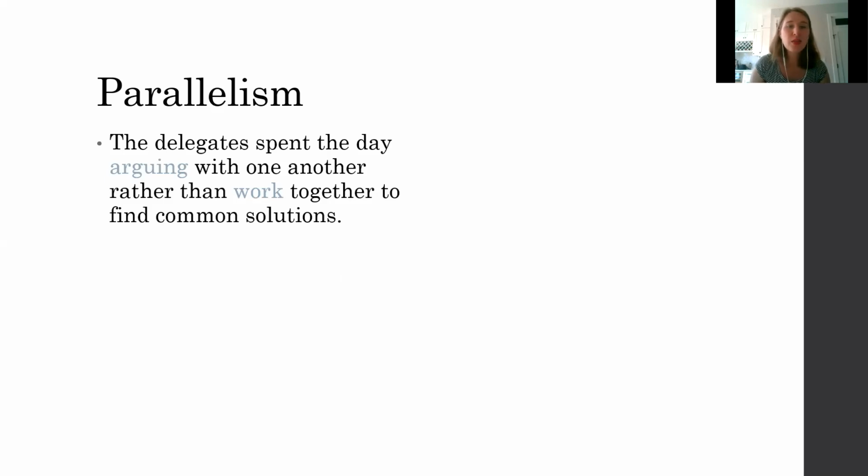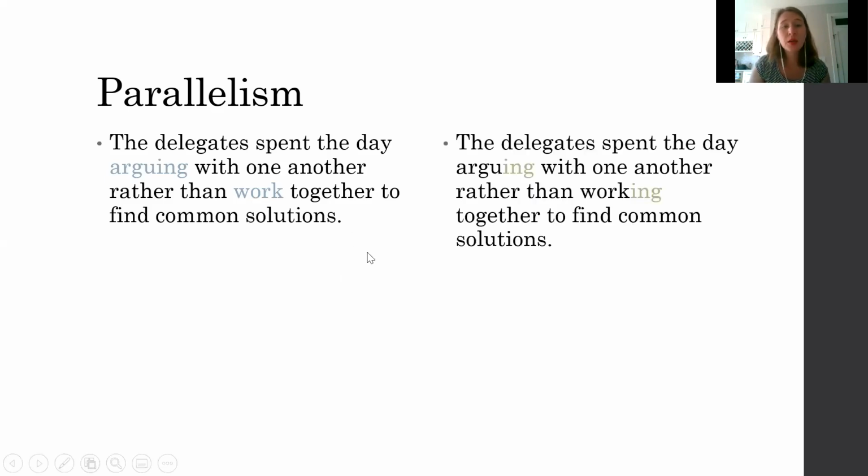The delegates spent the day work. So if you can't match it with the previous part of the sentence, then it's not parallel. Again, the delegates spent the day arguing, works. Yeah, that's just fine. The delegates spent the day work, not grammatical, okay? So to make it parallel, we would say the delegates spent the day arguing with one another rather than working together to find common solutions.